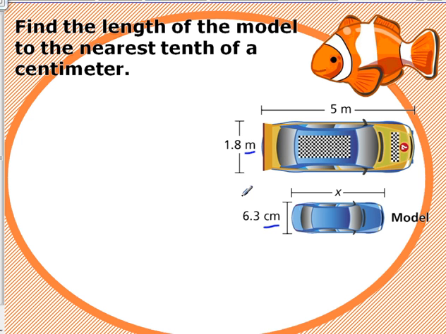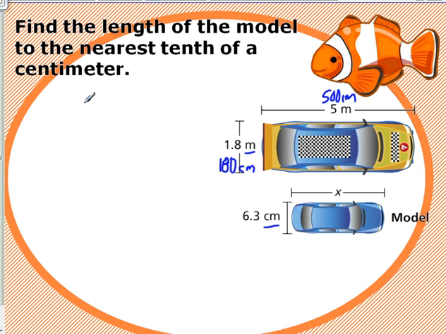So 1.8 meters as centimeters is 180 centimeters and 500 centimeters. There we go, that makes more sense.